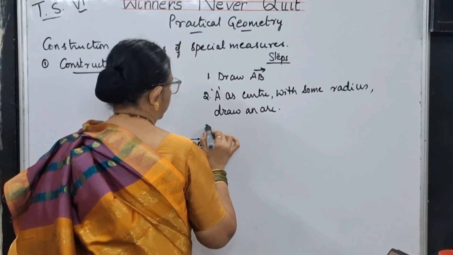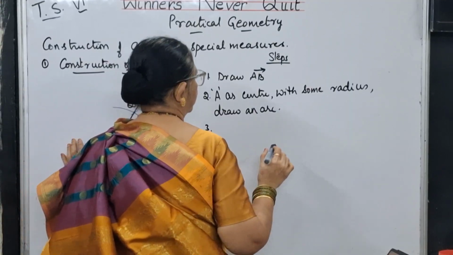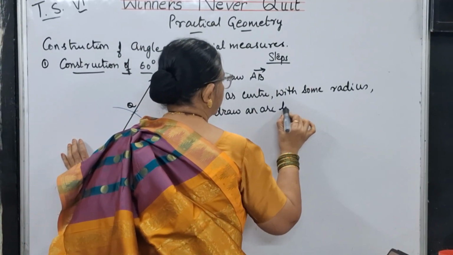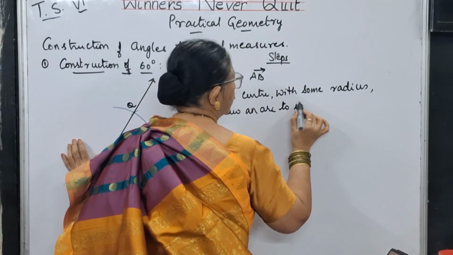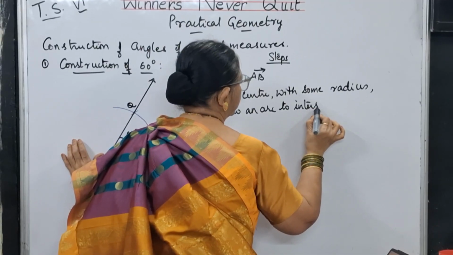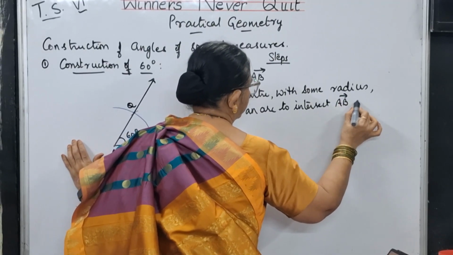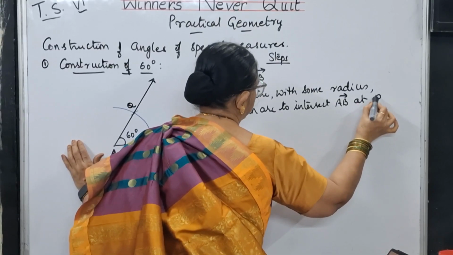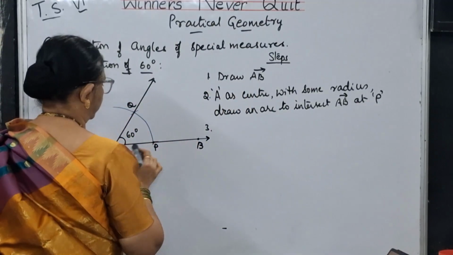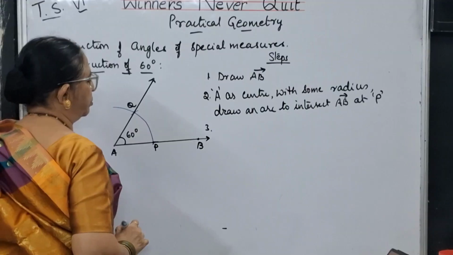Third, draw an arc to intersect ray AB at P. It is intersecting ray AB at P.